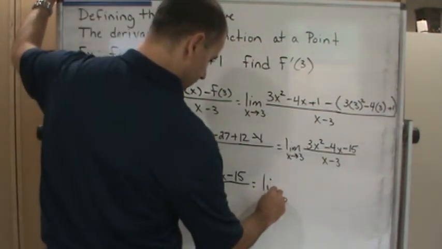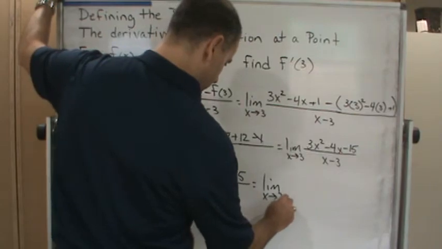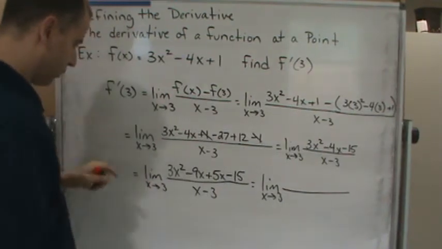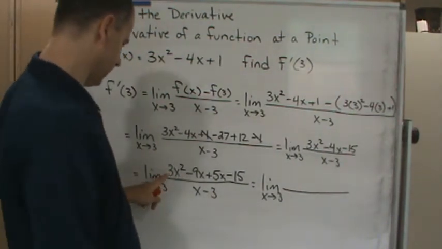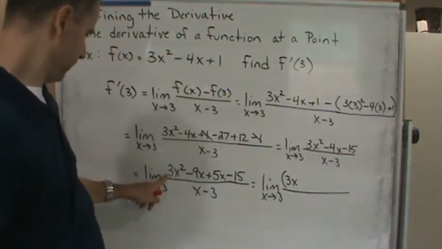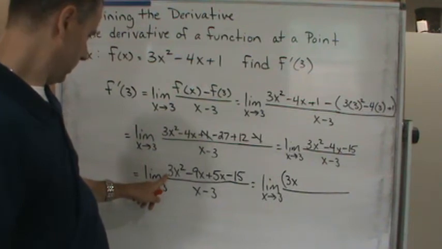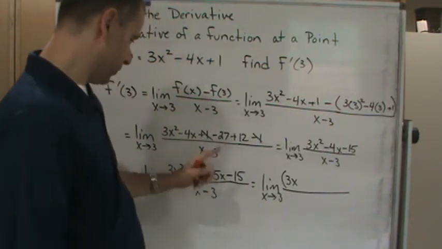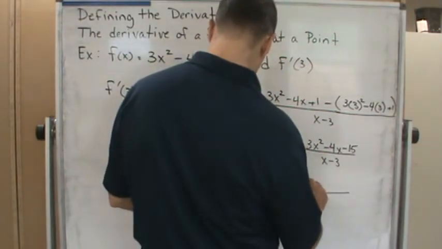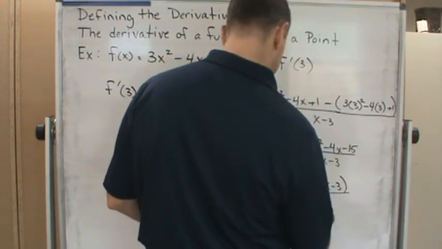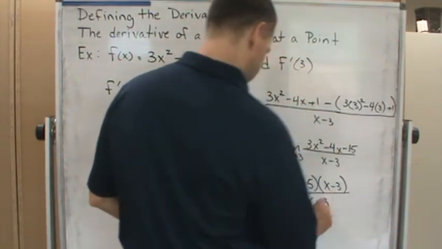So now the limit as x approaches 3 becomes, now I'm going to factor by grouping. So I'm going to get 3x, which is going to leave me an x minus 3. And then I'm going to factor out a 5, which is also going to give me an x minus 3. So that's going to give me plus 5 times x minus 3 over x minus 3.